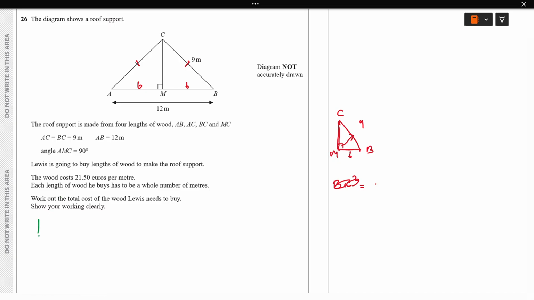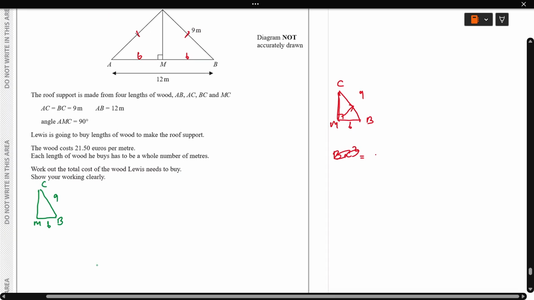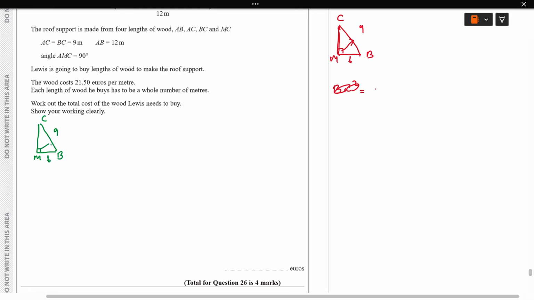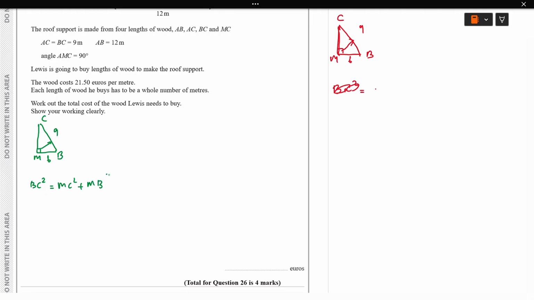I'll draw the triangle here: M, B, and C, with 6 and 9, and this we don't know. So BC square equals MC square plus MB square.